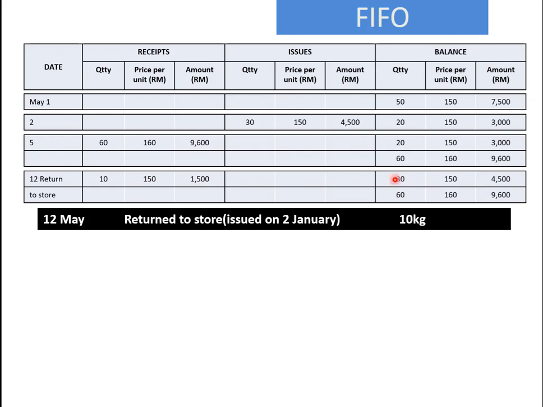Because this is the same batch as this one, we total up here 20 plus 10, 30 kg at Rm 150. And next we need to record the newest batch, which is 60 kg at Rm 160.